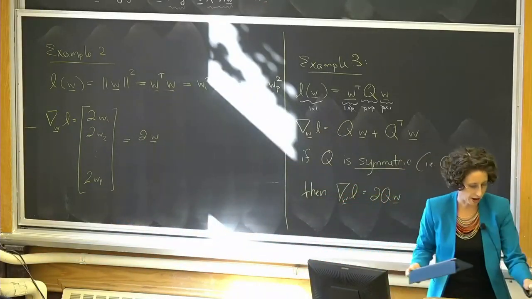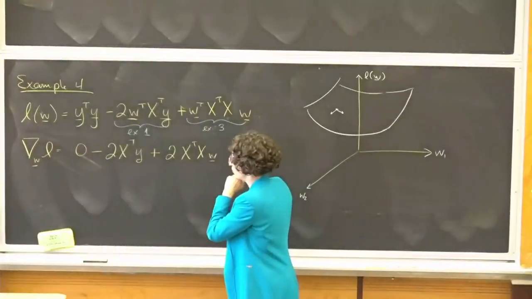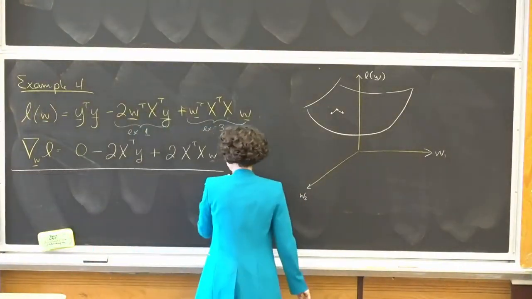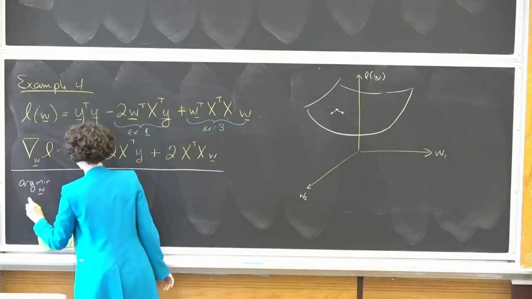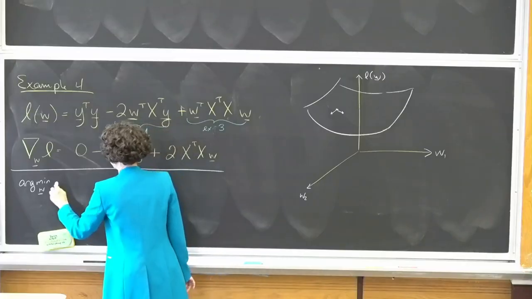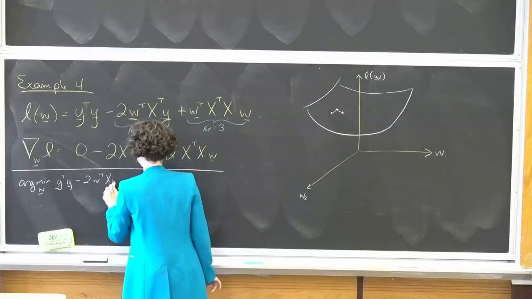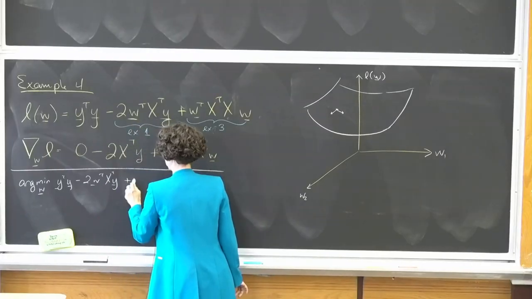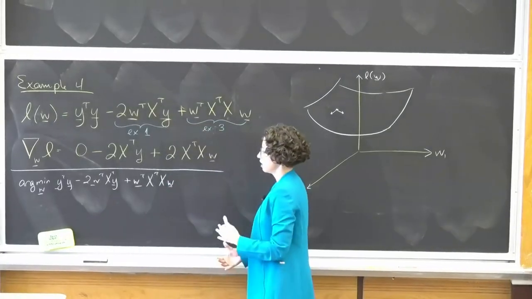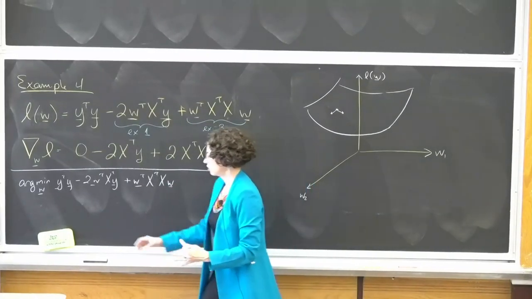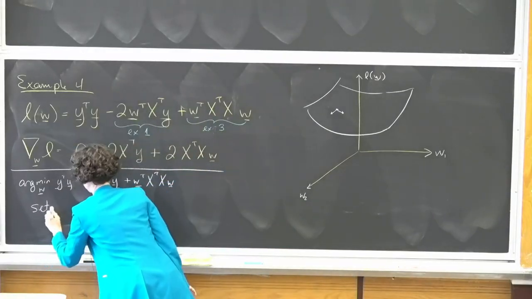All right, so now that we have this expression for the gradient of our loss, remember that we wanted to compute the argmin with respect to W of this particular loss, Y transpose Y minus 2 W transpose X transpose Y plus W transpose X transpose XW. And so our inclination would be to take the gradient and set it equal to 0. So let's just see what happens if we do that.